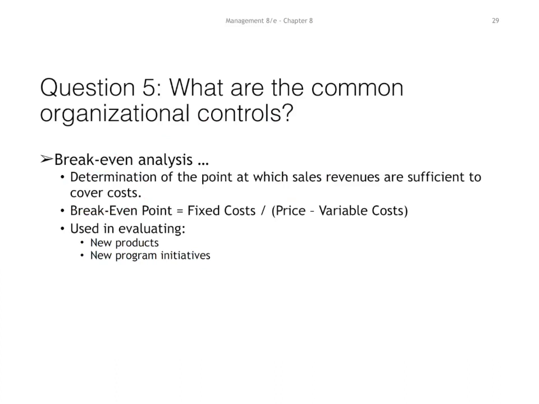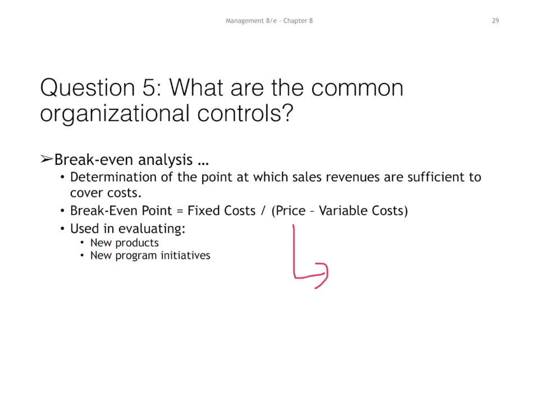So we have the formula here. Break-even point is fixed cost per price minus variable cost. What does price minus variable cost mean? That means the profit of every product. So break-even point is fixed cost per profit of every product.